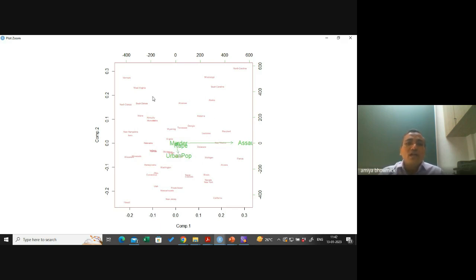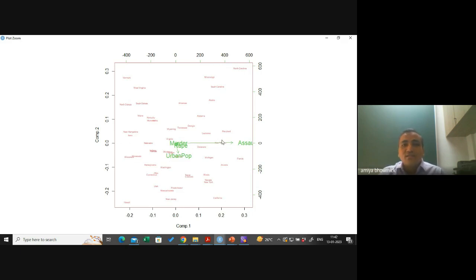Whereas if we come to component 2, and this right side direction means it is positive, the coefficient will be positive. Whereas in principal component 2's construction, Assault has no contribution over there.